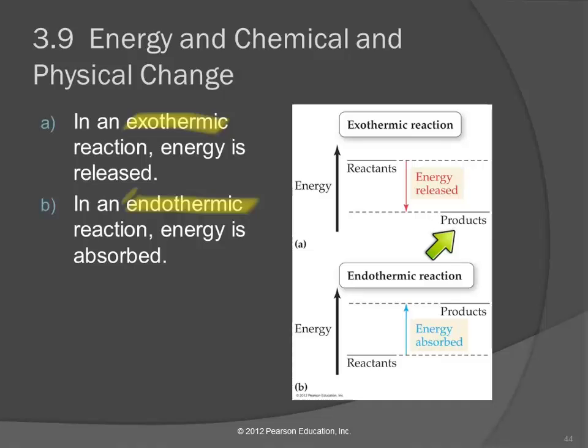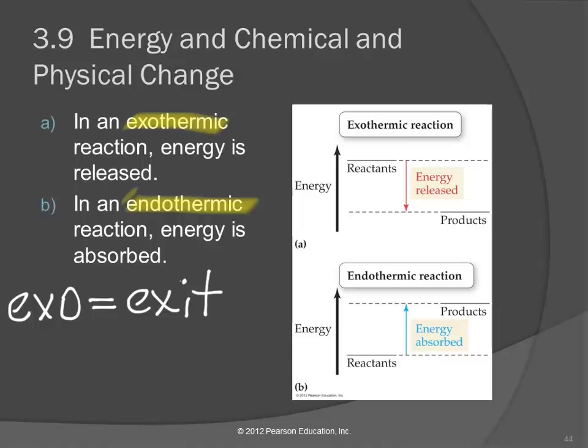The products are lower in energy. That means that energy had to be given off or released. Energy exits the system in an exothermic process. Okay, so exo has to do with exit, right? Exo equals exit.